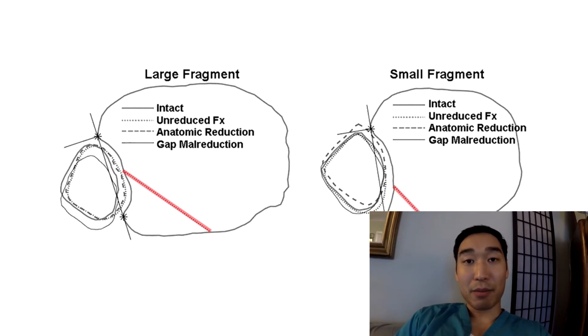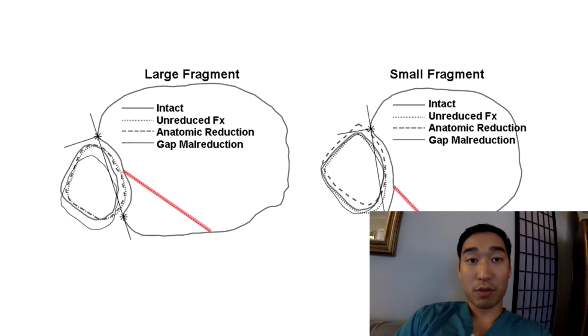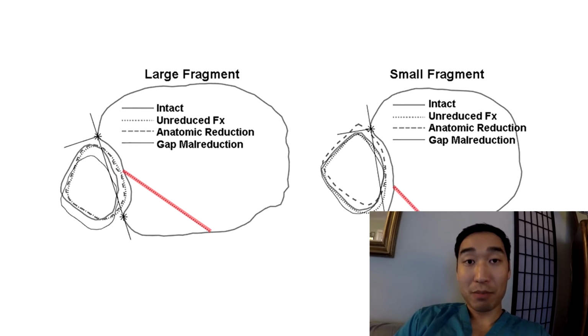The second type was an anatomic reduction with just an AP, anterior posterior screw, fixating the posterior mal. And the third type was a gap mal reduction, meaning they put a piece of wooden splinter about 4.5 millimeters between the fracture, and they fixated it similarly with the anterior posterior screw.